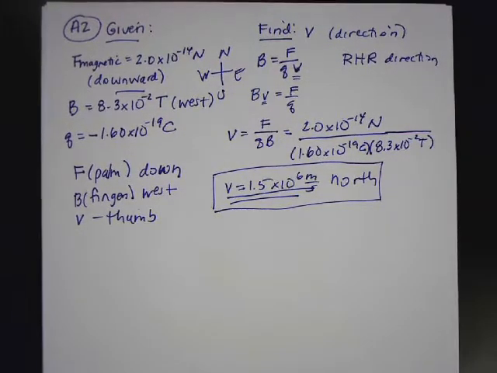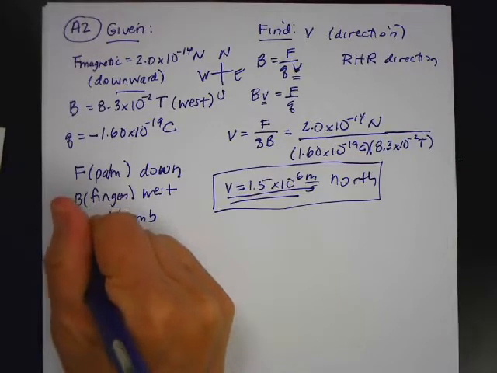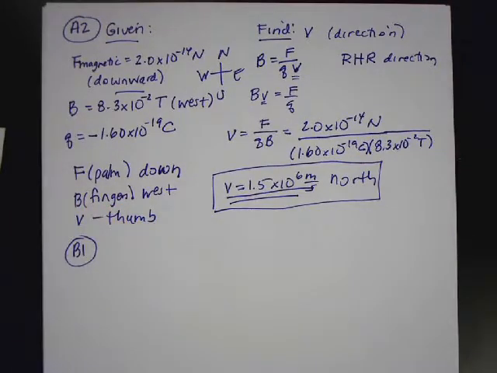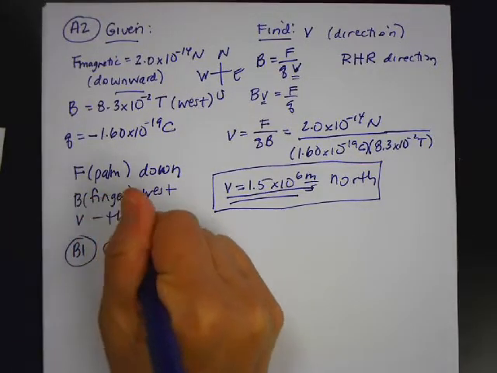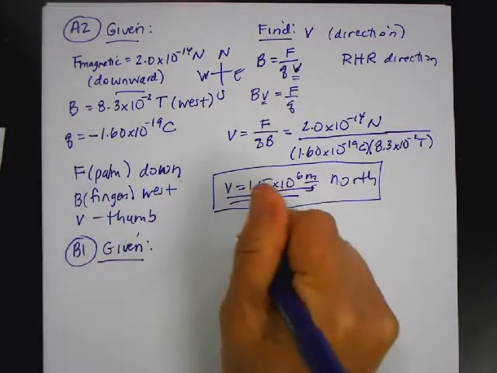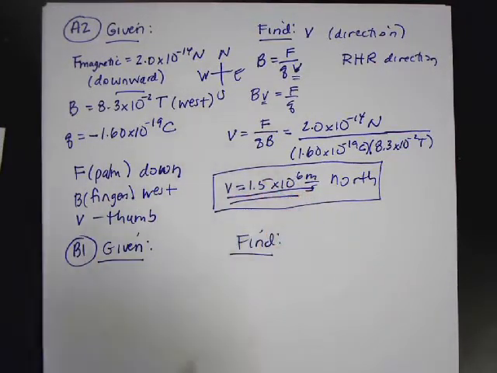Okay? All right, we'll very quickly look at B1. So for B1, I'm going to read the problem. I'm going to write my given and find. Okay? So it says a 6-meter wire, so they're telling me the length.